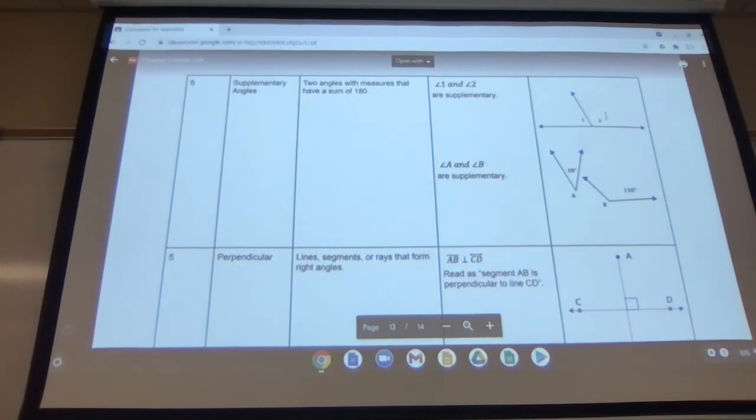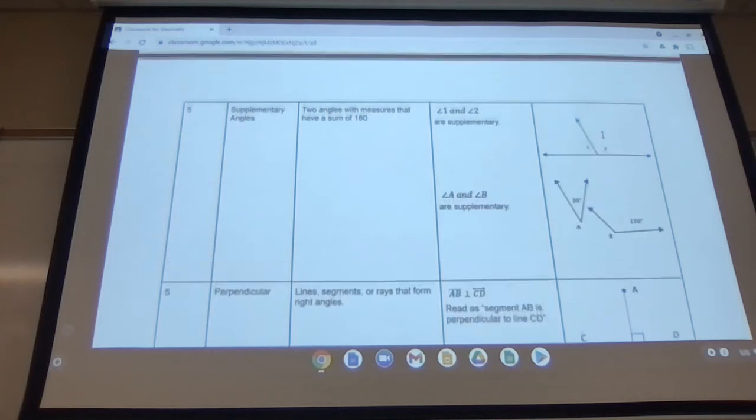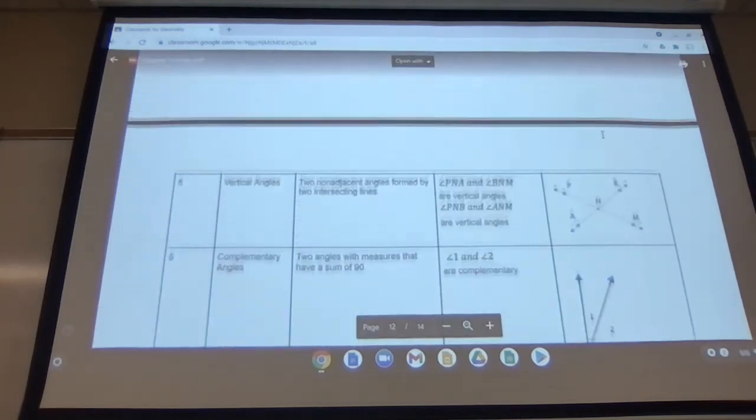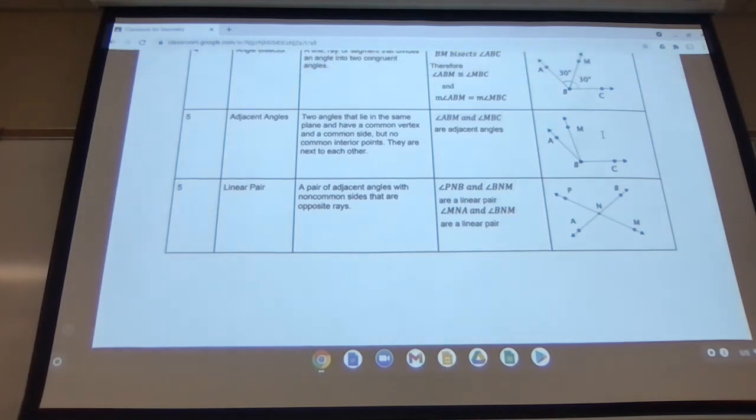We just had another name for angles 1 and 2. Anybody remember what it is? Angles 1 and 2 are right next to each other. They form a straight line. What do we call that? Oh, that's C, right up here.